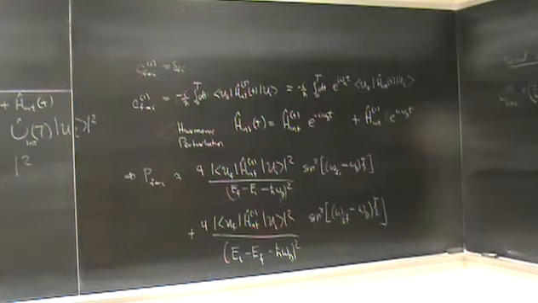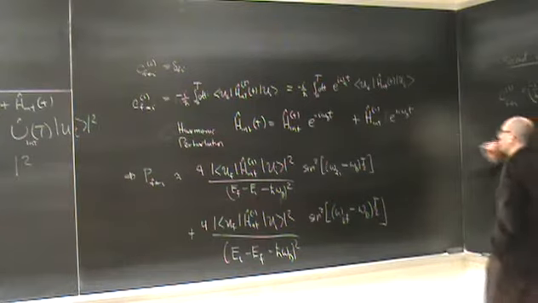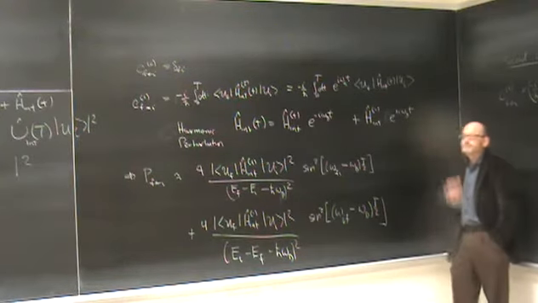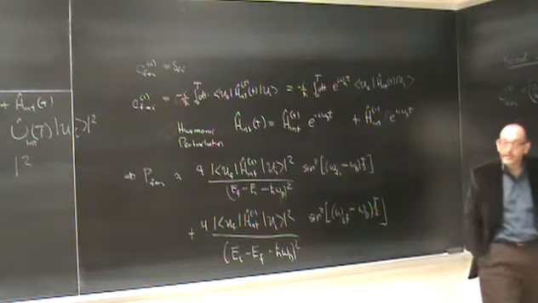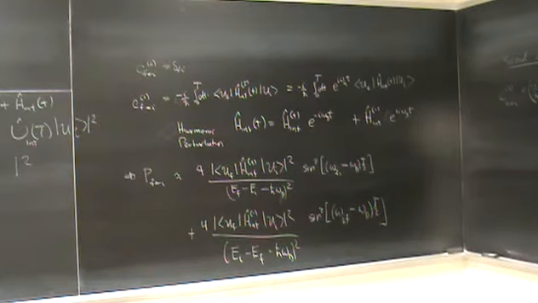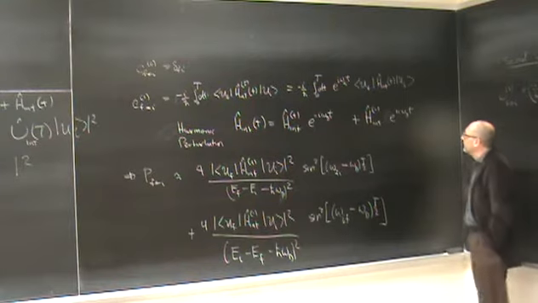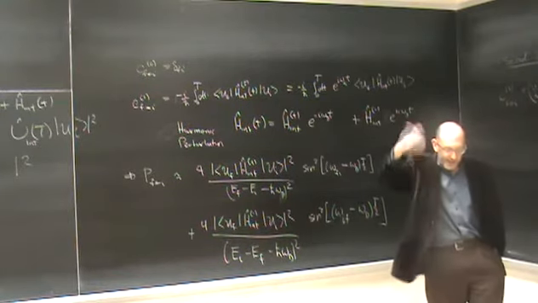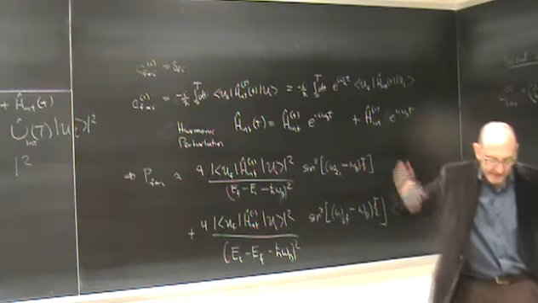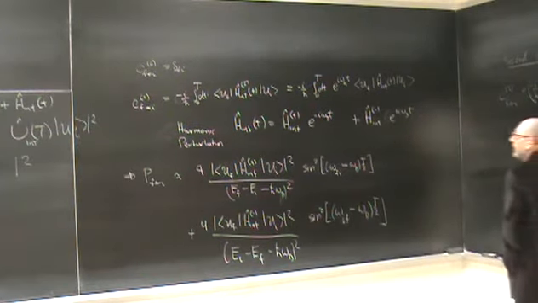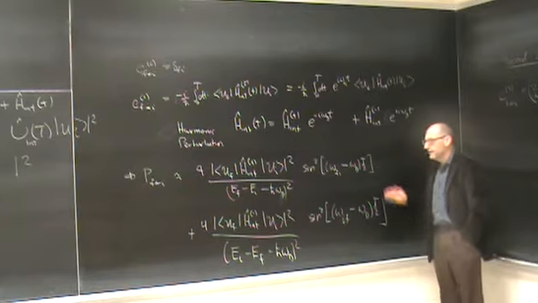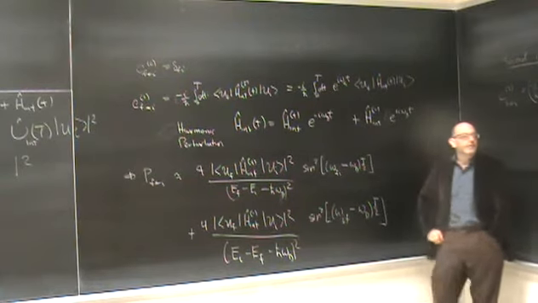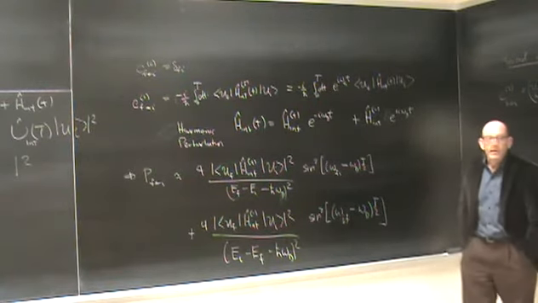That is to say, it was oscillating with some frequency omega of the drive. Okay? And what we found is that, as long as the drive was on for long enough, for many, many periods of oscillation, the transition probability had this approximate form.